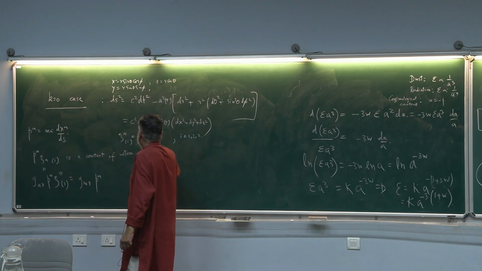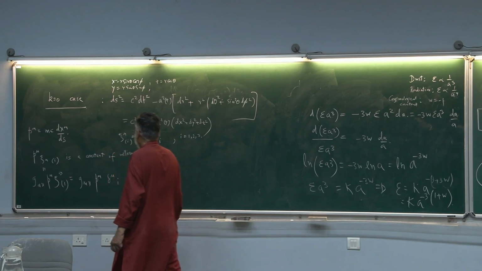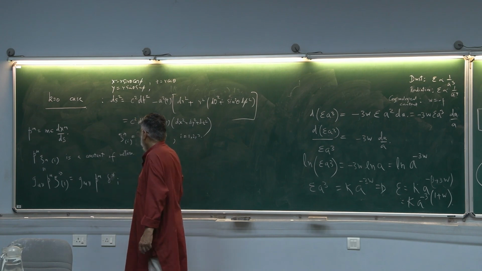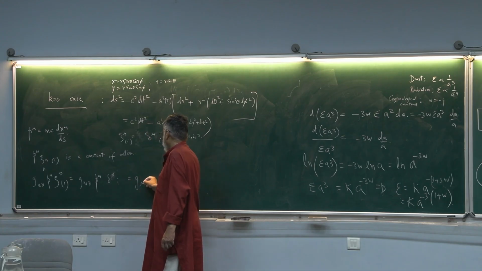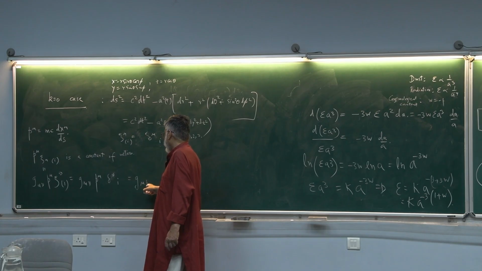The 3 Killing vectors are delta nu of I. So nu is being summed over, so you get the result g mu I. So this is a Kronecker delta, so only when nu is I is it non-zero.